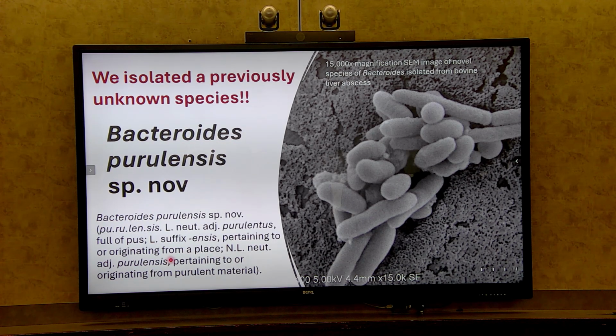So I was pleasantly surprised to find that when we sequenced the genome of this isolate, it was actually a new species. So it hadn't been seen before, hadn't been grown before, hadn't been described before. And I've putatively named it with the help of ChatGPT, providing me some suggestions of good names for bacteria: Bacteroides purulensis.